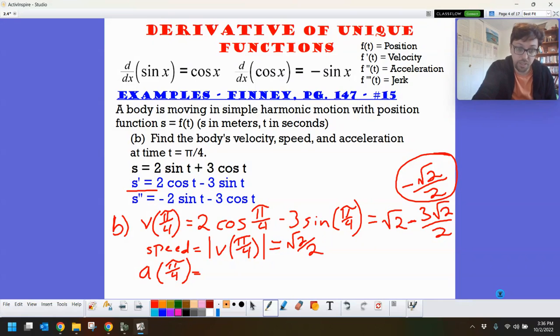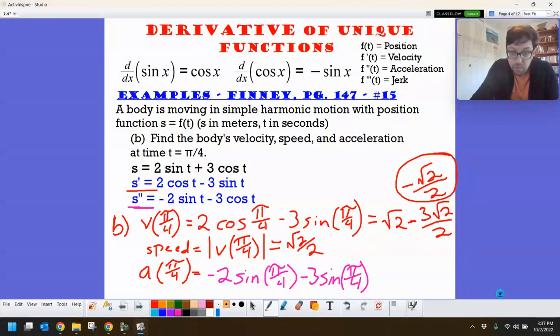To find the acceleration, we need to plug into our second derivative of the position function. So we plug in our pi over 4 into that negative mess. Negative 2 times the sine of pi over 4. So that is going to be negative square root of 2. And then negative 3 times that. That's also going to be this again.